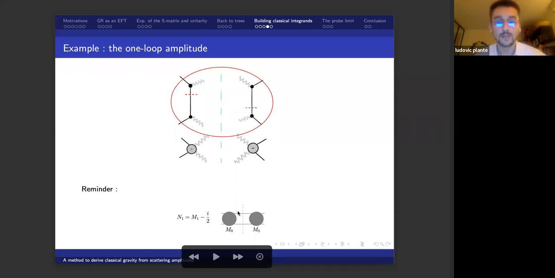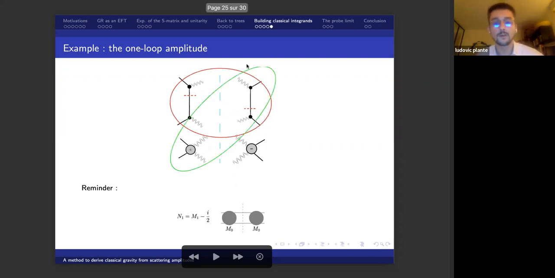And you see immediately that it will be exactly canceled by this iteration that we had from the exponentiation of the S matrix. So this piece will not contribute to N1. The other piece is this one, and there is a similar diagonal piece here that has only one delta function, and that will be exactly the piece contributing to N1.